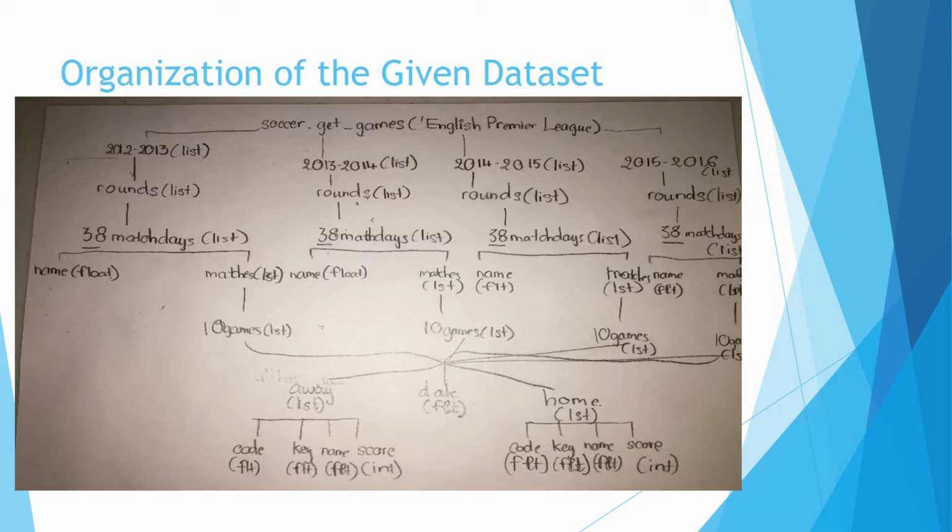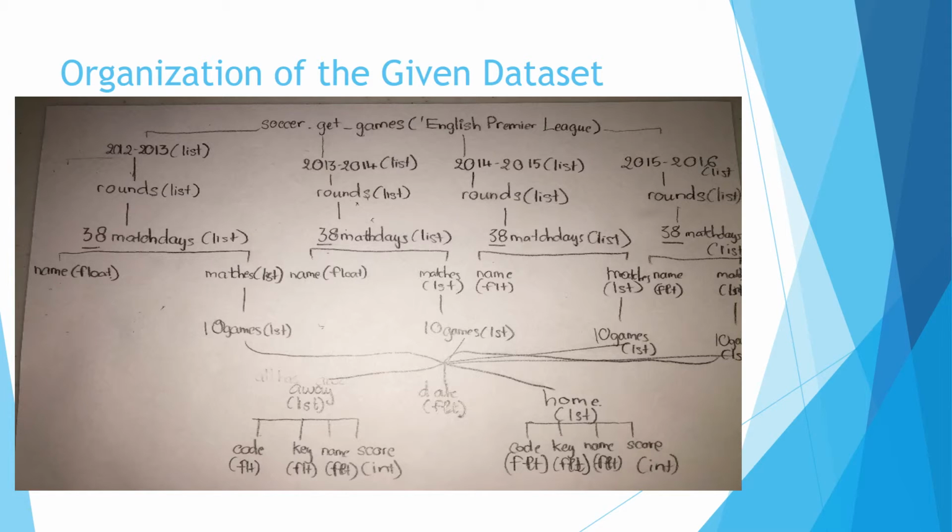And this is the organization of the given data set that I have. So we get soccer.get_games for the English Premier League. I got the 4 seasons over here. The 2015-16 season is not completed, but I put it in there just to show how the data set is formatted.